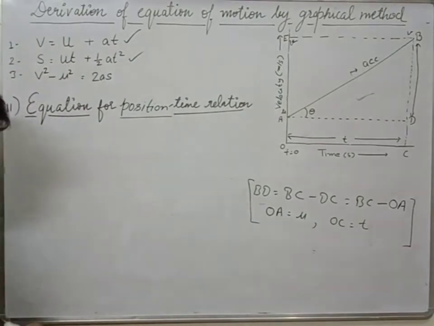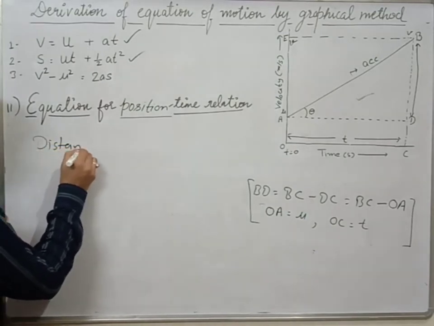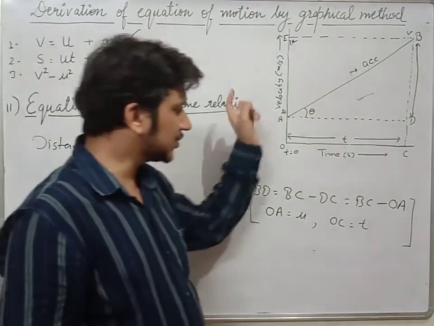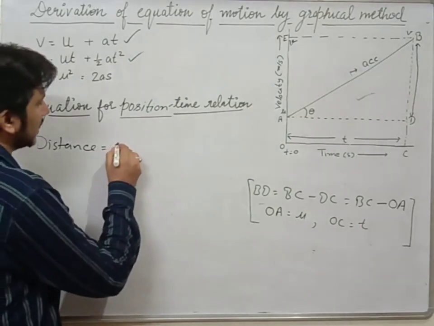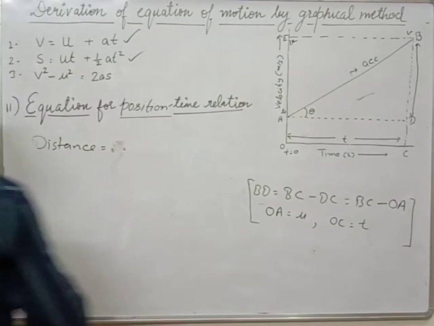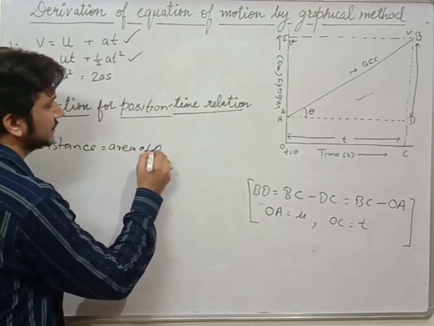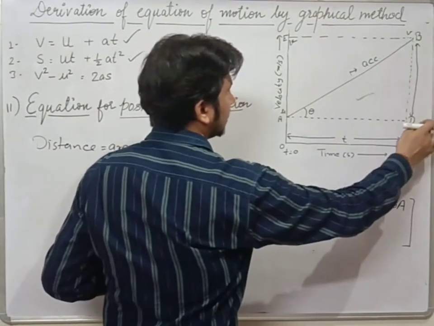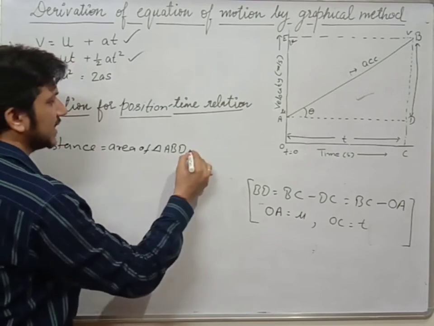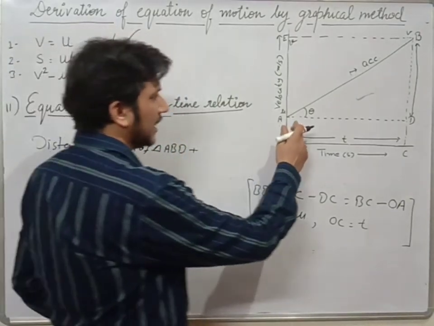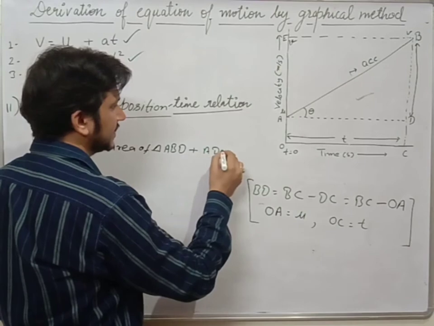Now again we will find the distance of the object when it travels from point A to point B. The distance traveled by the object is equal to the area of triangle ABD plus the area of rectangle ADCO.